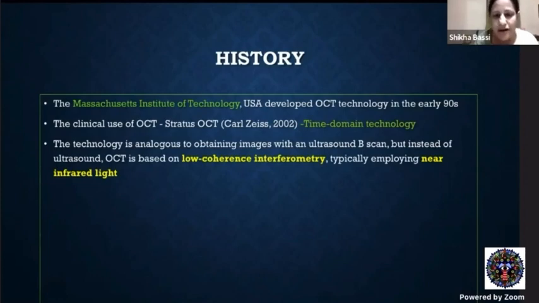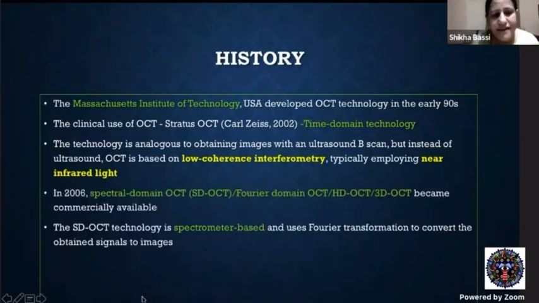And this technology is time domain technology that is used in Stratus OCT. OCT is very similar to doing ultrasound B scan, where instead of the sound waves, light wave is used, and low coherence interferometry, typically employing near infrared light, is used to capture the images.